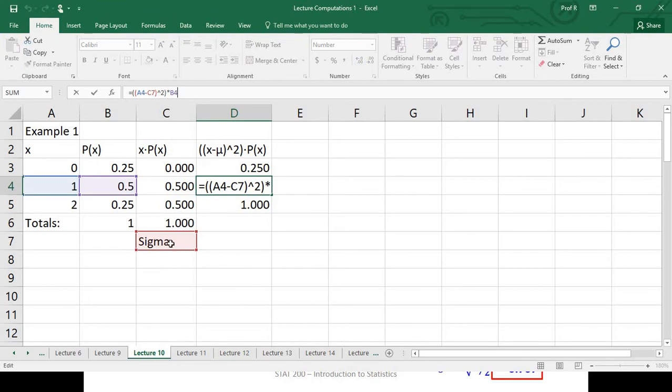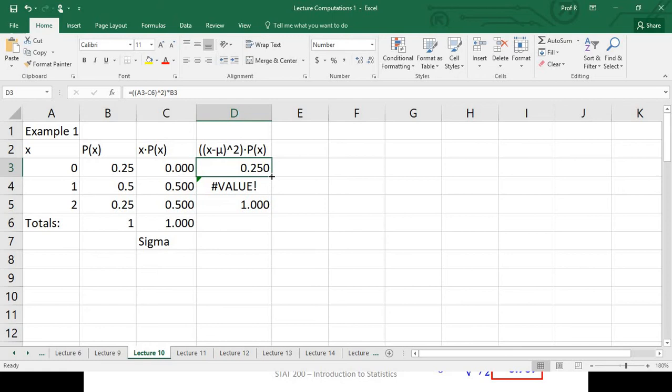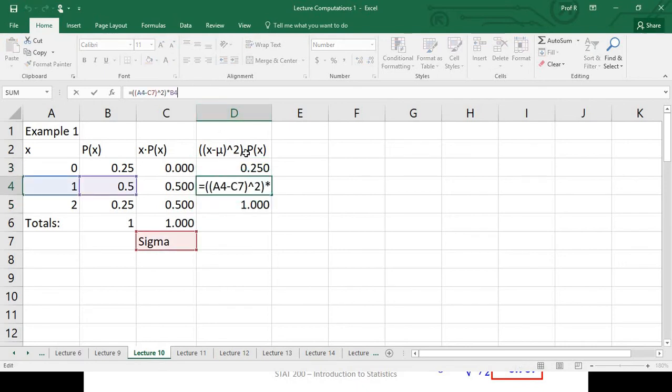Why? Well, because when you grab a cell, put the cursor right in this corner so it becomes a little plus sign, and drag down, it copies the equations down, but it keeps the cell reference relative to what we had just done.